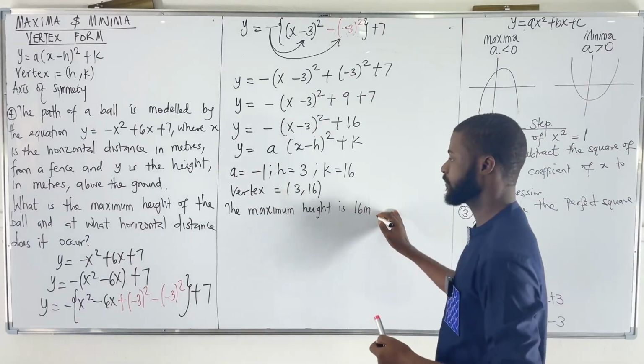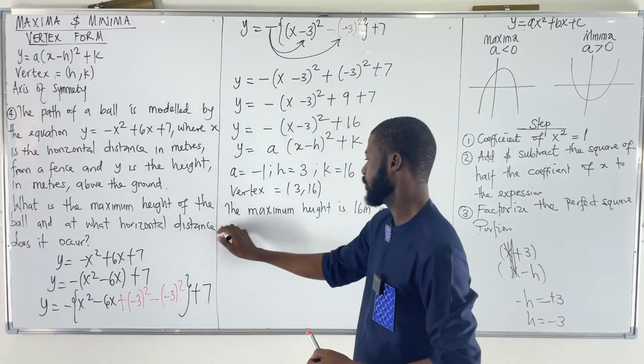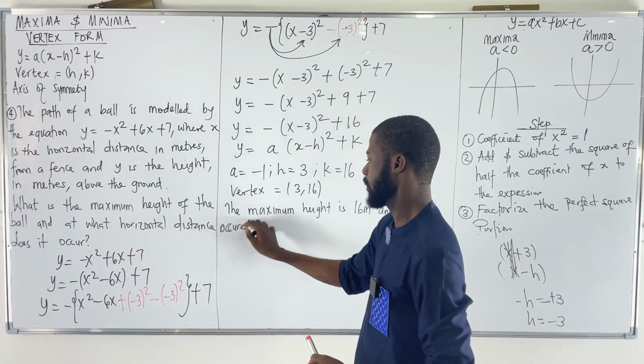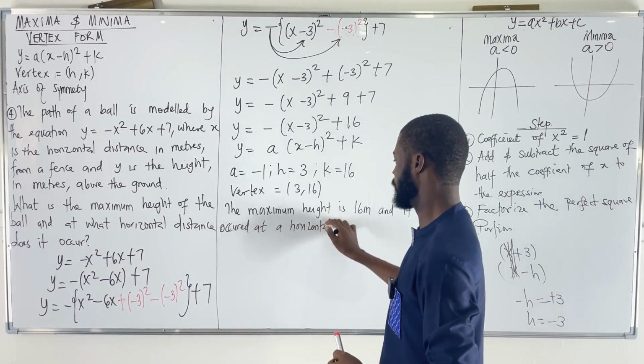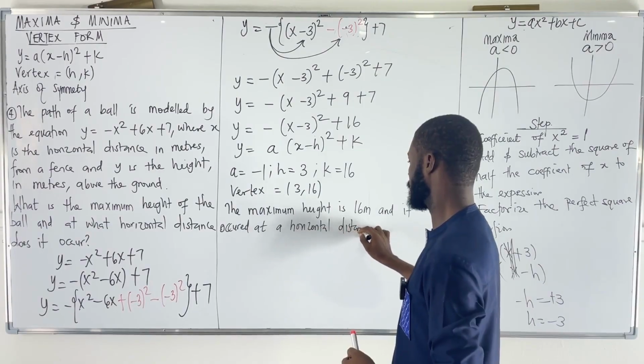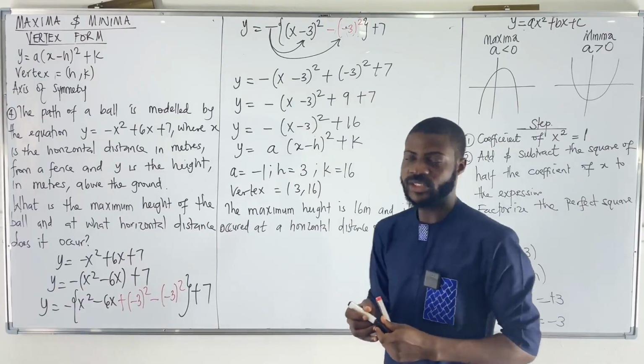It's 16 meters. And it occurred at a horizontal distance of 3 meters. That's the value of x. That's how you answer it.